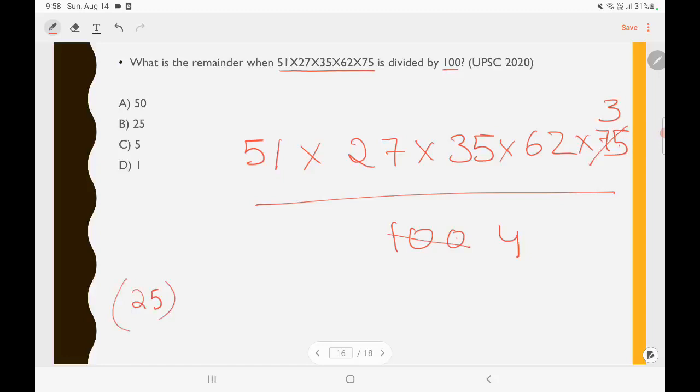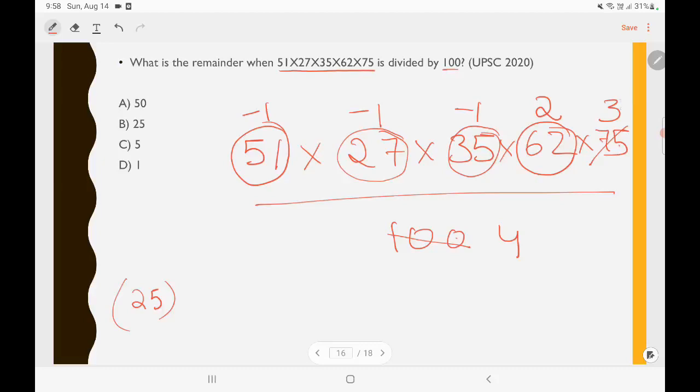Okay, so when 51 is divided by 4, the remainder is 3. Or you can write it as minus 1, because the negative remainder is minus 1. Similarly, when 27 is divided by 4, you will again get remainder 3 and negative remainder minus 1. When 35 is divided by 4, again the remainder is 3 and negative remainder is minus 1. And when 62 is divided by 4, you will get remainder 2. And when 3 is divided by 4, you will get remainder 3, or negative remainder minus 1.